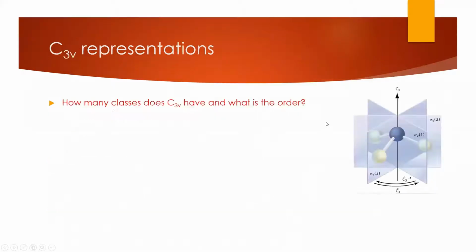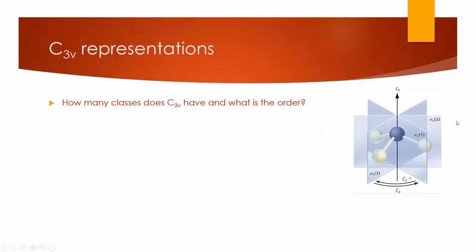Another example where that is not true is the C3v point group. That's something like ammonia has. So we looked at this before last time, but the C3v point group has 6 symmetry operations. And so that means it has an order of 6. And so those symmetry operations are 3 mirror planes.